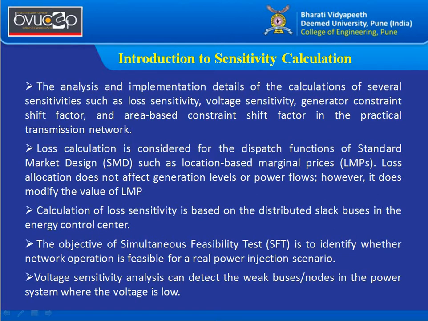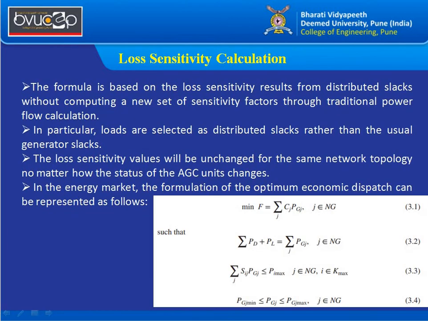Apart from that, we have one more sensitivity analysis which detects the weak buses or nodes having low voltages in the entire power system. Now let us see how the formulas can be used for the distributed slack bus.